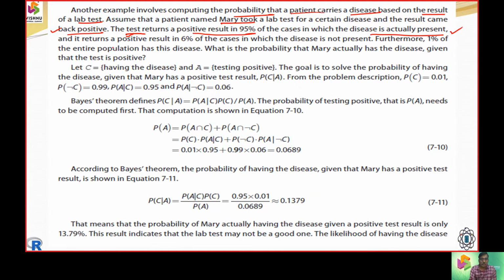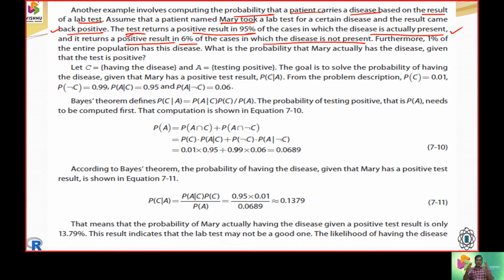So the machine is working well: there is a 95% chance for the machine to say positive when the result is positive.